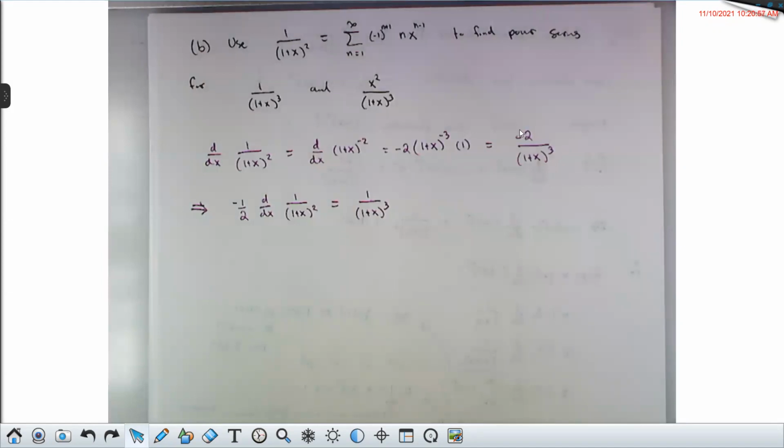Right, dividing both sides by negative 2 or multiplying both sides by negative 1/2. And then this thing is the thing I just found a power series for.